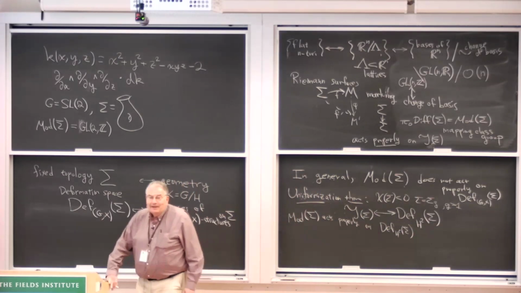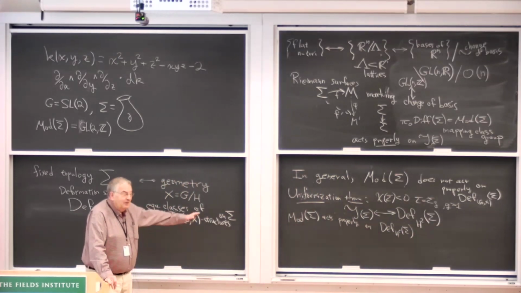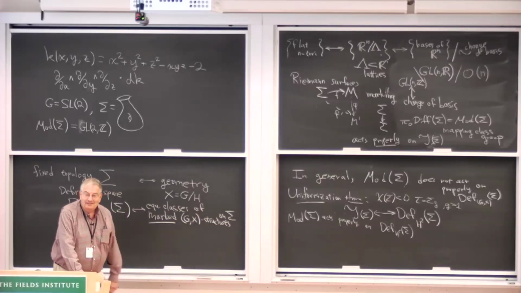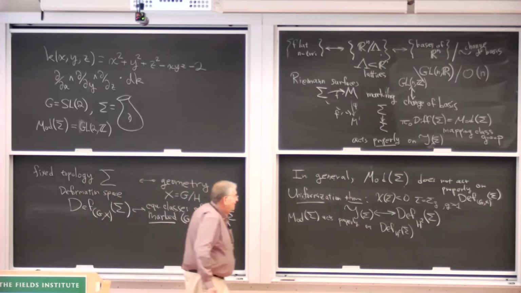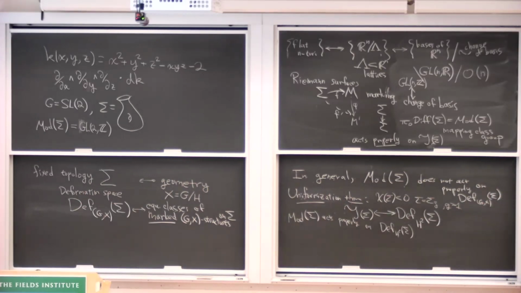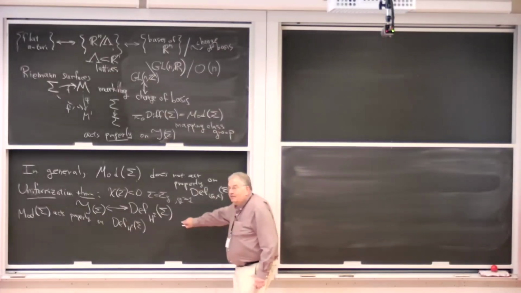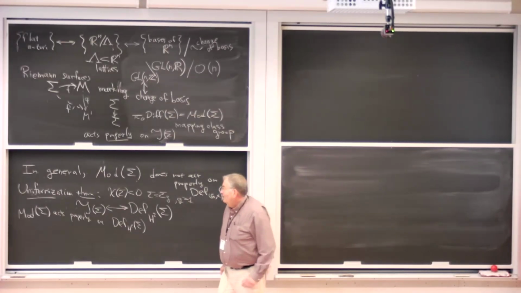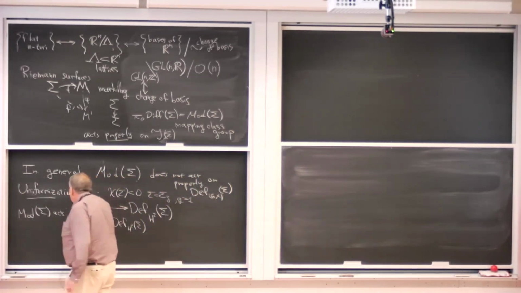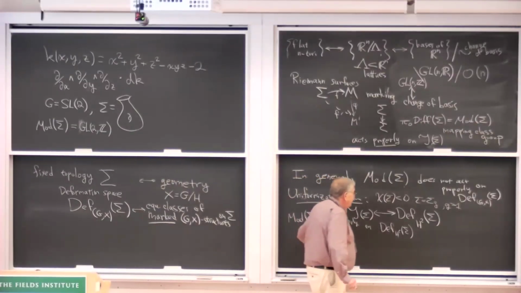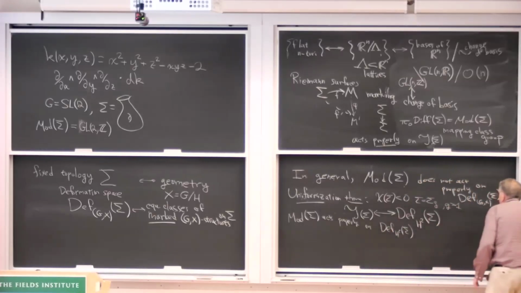So I don't know if this is good news or bad news. If you want functions on the quotient and you want a nice quotient, if you're a function theorist, it's good news. And there's a lot of rich theory on the geometry of the Riemann moduli space. But if you're a dynamicist, then the dynamical system is completely trivial. So it's dynamically interesting because it's dynamically uninteresting, but function theoretically nice.